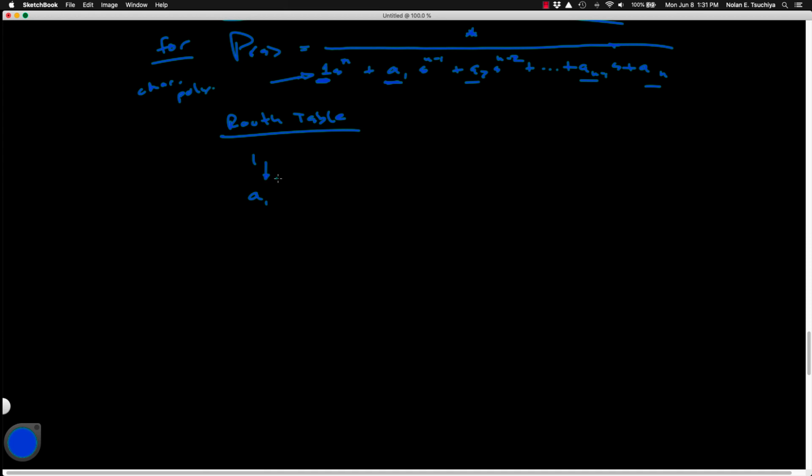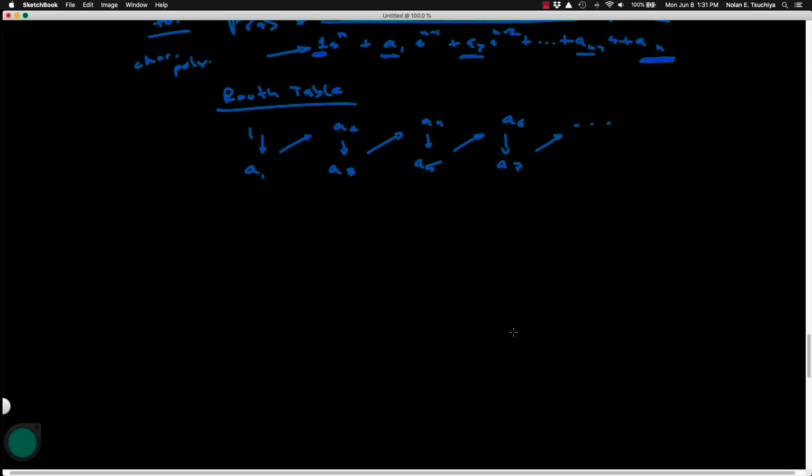And then as soon as you do that, you go up and start a new column for A2. And then you kind of zigzag in that same fashion until you run out of coefficients. Okay, so you've got A4, A5, A6, and so forth, right? You just keep going until you hit the nth coefficient of your characteristic polynomial.